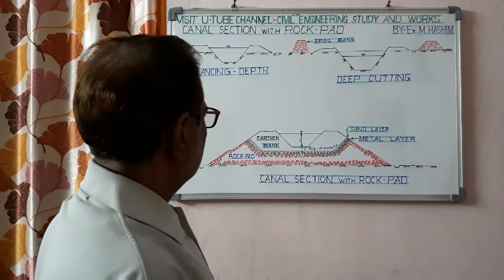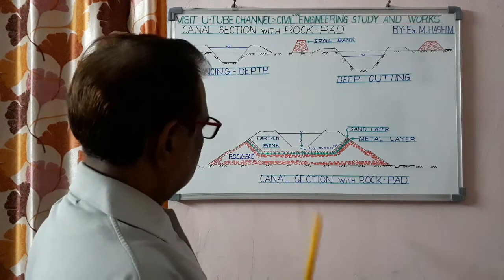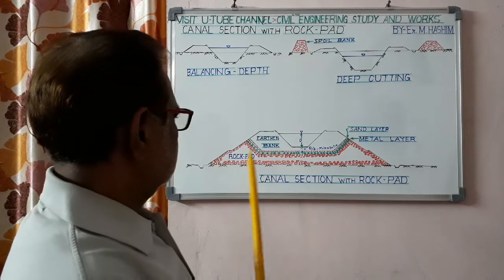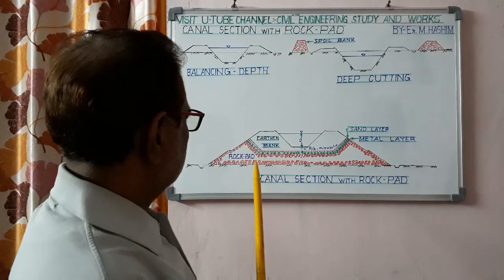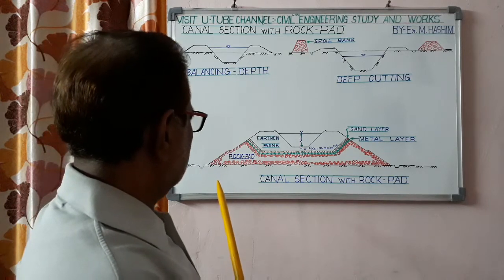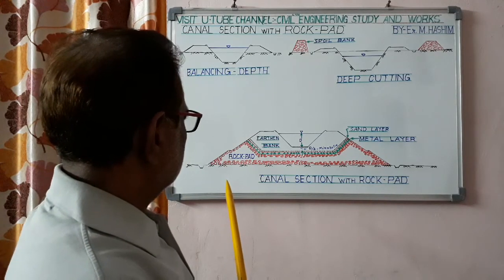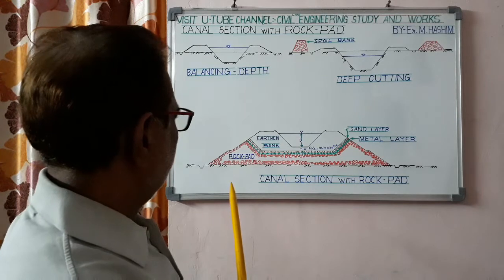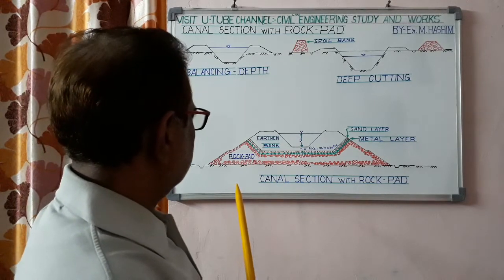and this section was constructed in the Indira Sagar project canal in districts Khandwa and Khargone, Madhya Pradesh.